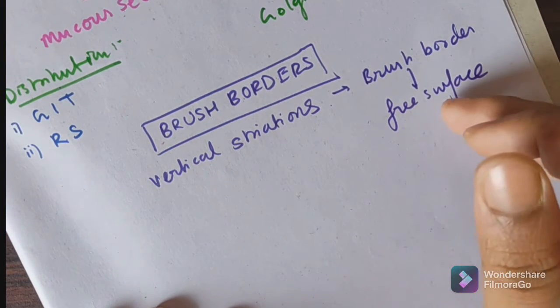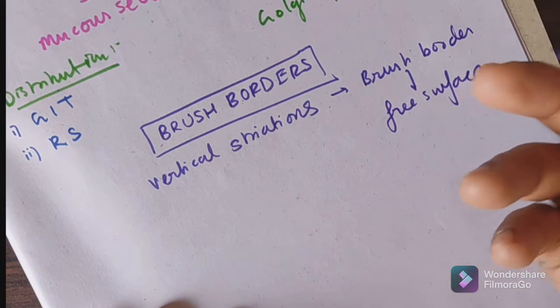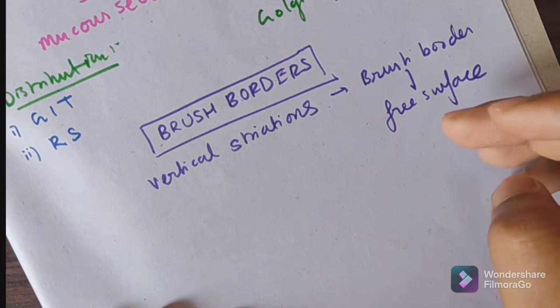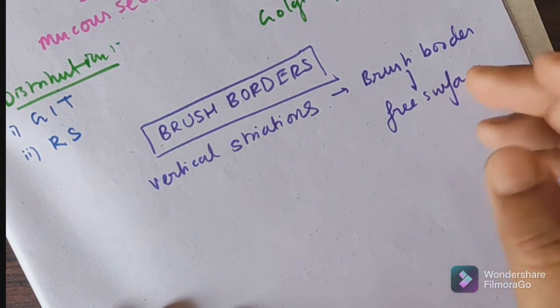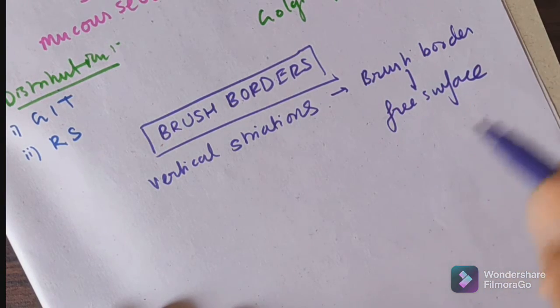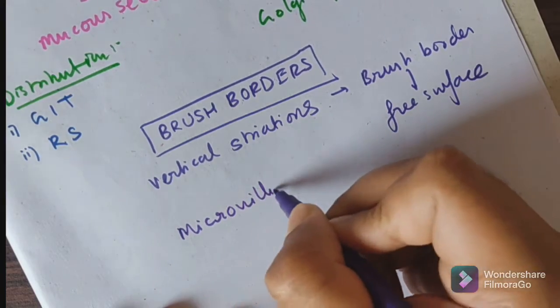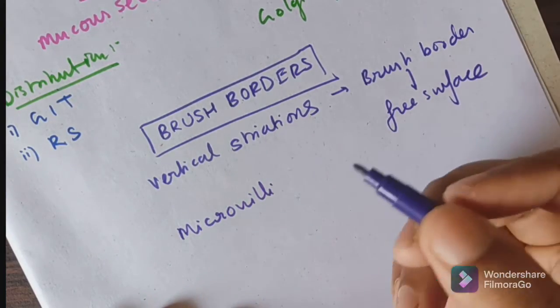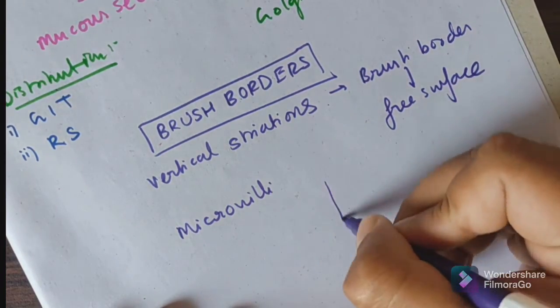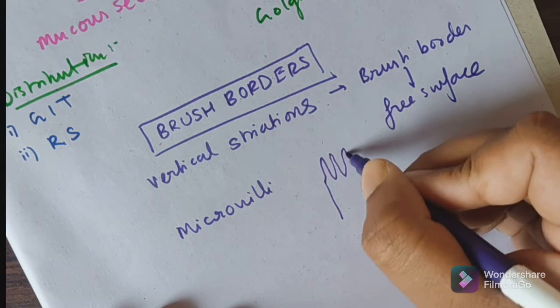When you see them using electron microscopy, it shows that the brush borders are formed by numerous microvilli, which are cylindrical projections of the cytoplasm of the cell, somewhat like this.